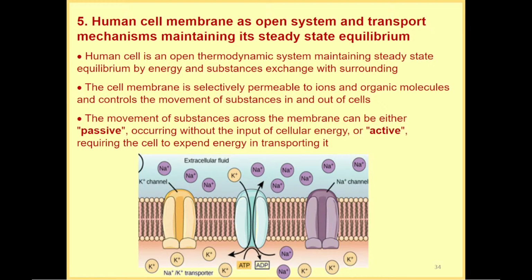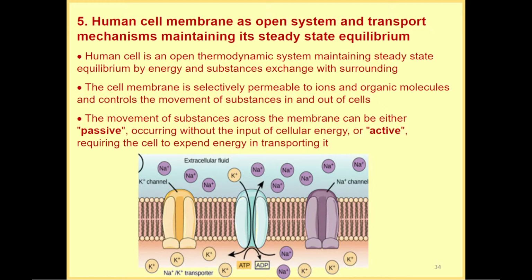The human cell is correctly described by the thermodynamic open system model, because it corresponds with the description of this model and with the description of how it interacts with the surroundings.